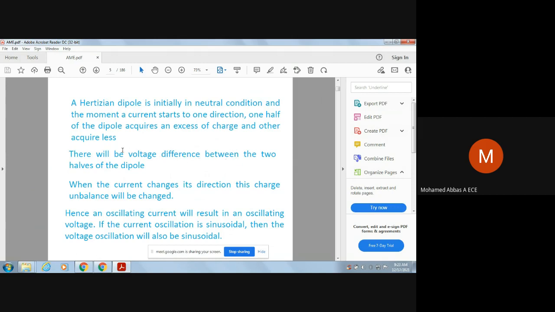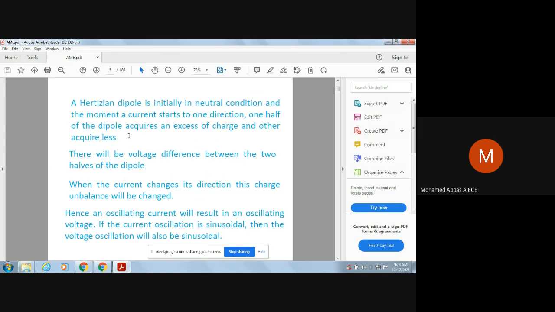First we have to know how this works. Initially the Hertzian dipole is neutral, and once the current flows in a particular direction, an excess of charge gets accumulated at one end because the current flow is unidirectional. Similarly, when you change the direction, the charge gets accumulated at the other end.